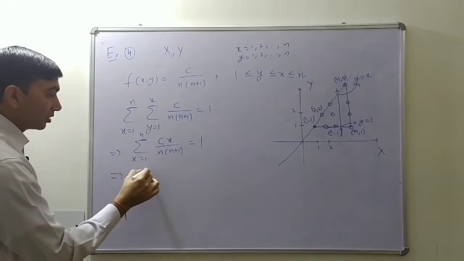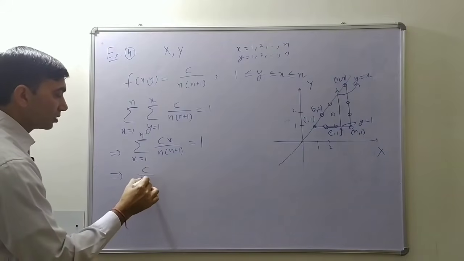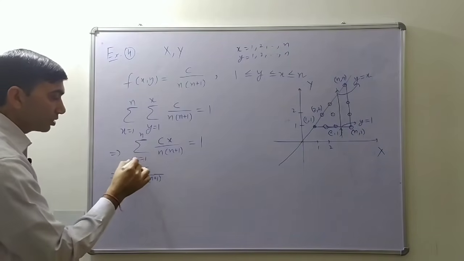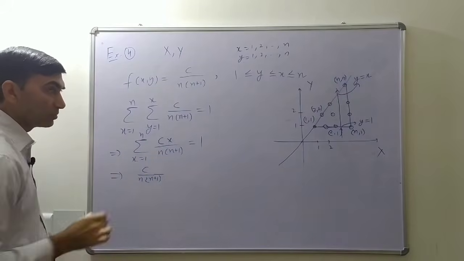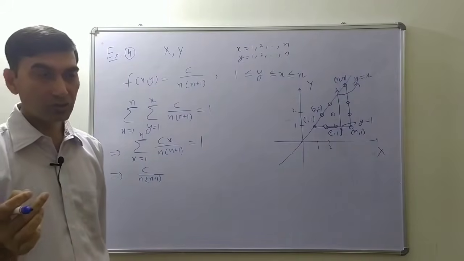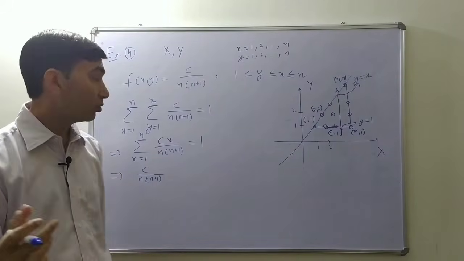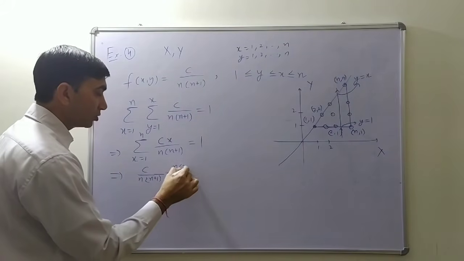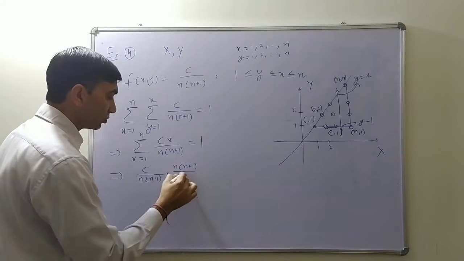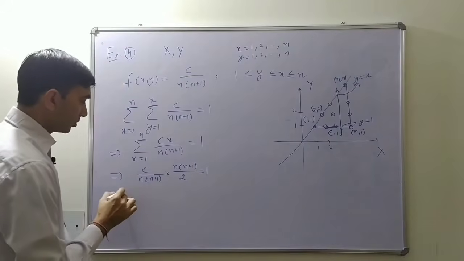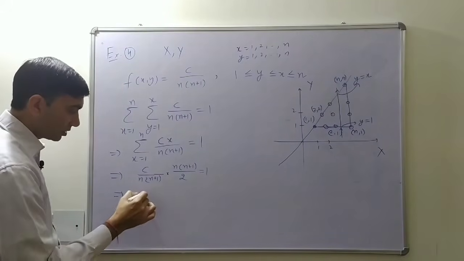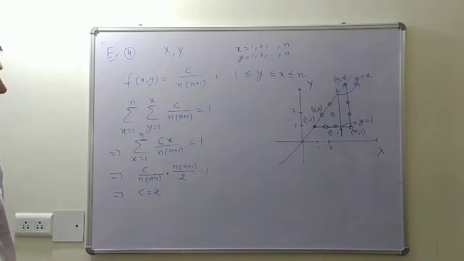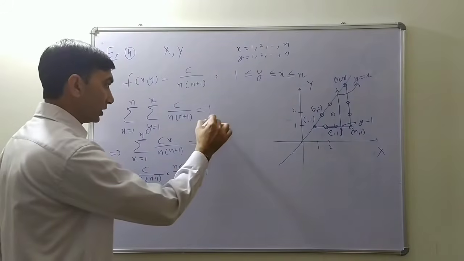Next, c over n into n plus 1 is constant. You can write it outside the summation sign. Summation x from 1 to n of x means 1 plus 2 plus 3 and so on up to n. What is that summation? You know that familiar formula, n into n plus 1 over 2. So finally, these are cancelled and you get c equal to 2. Okay? So you have found your c.